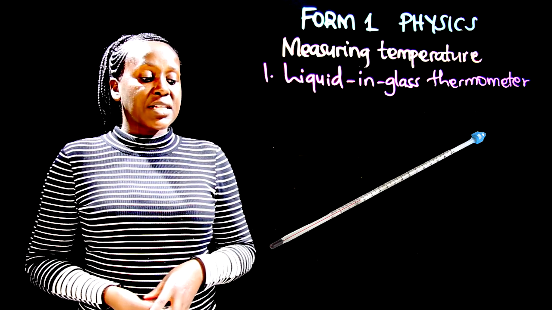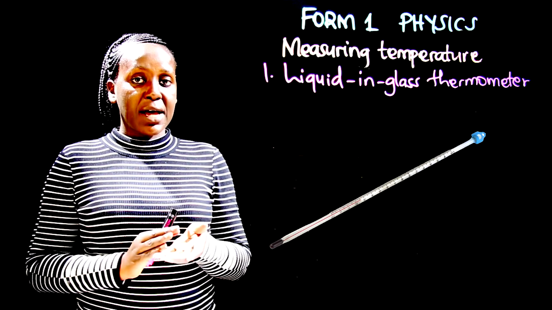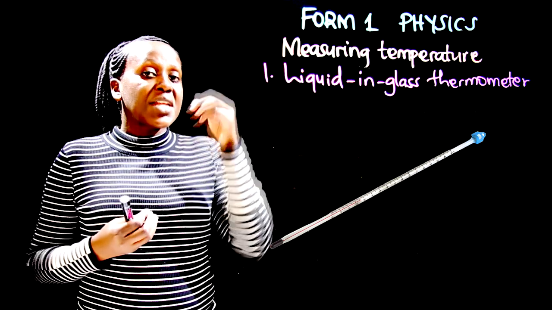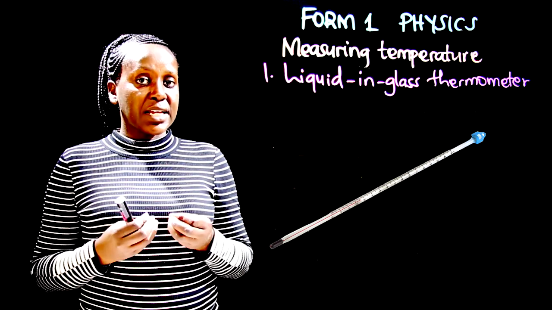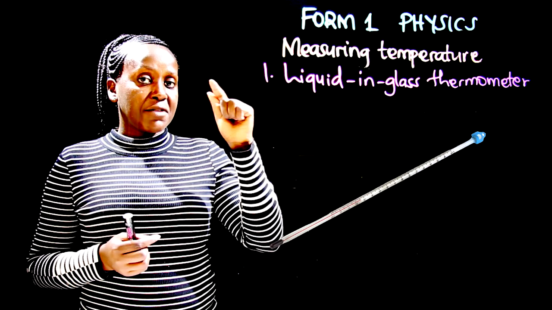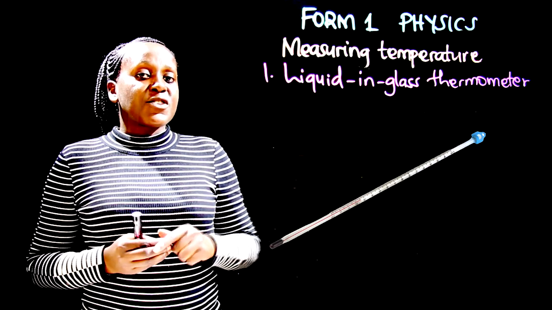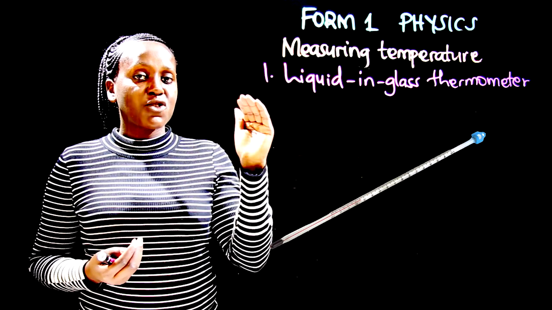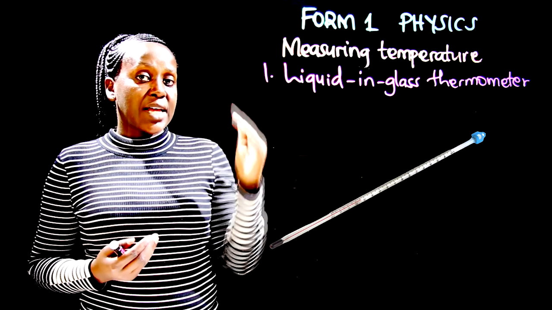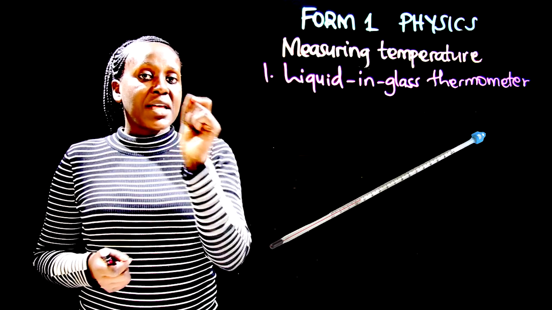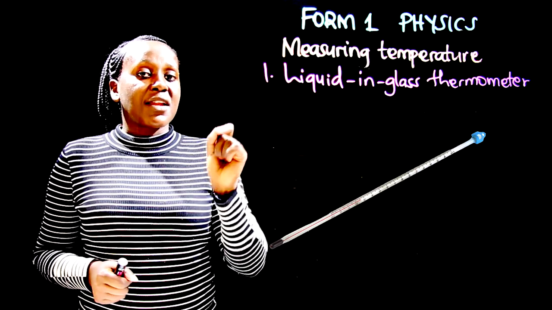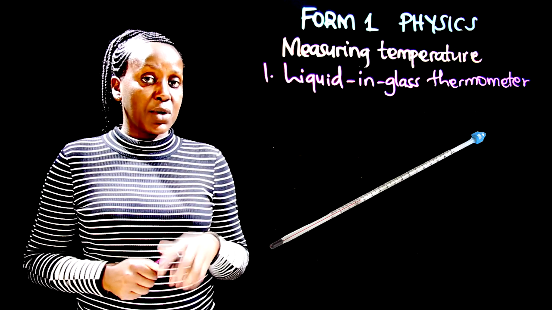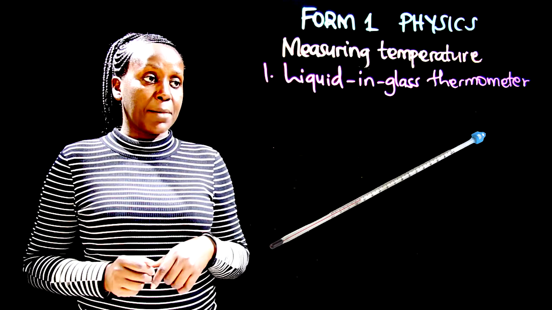If you have hot water in a beaker and place the thermometer in it, the liquid inside gets heated and rises to a certain level, based on the temperature of the water, and does not rise any further. Once you read the value coinciding with the level of the liquid, you are able to determine the temperature of the water.